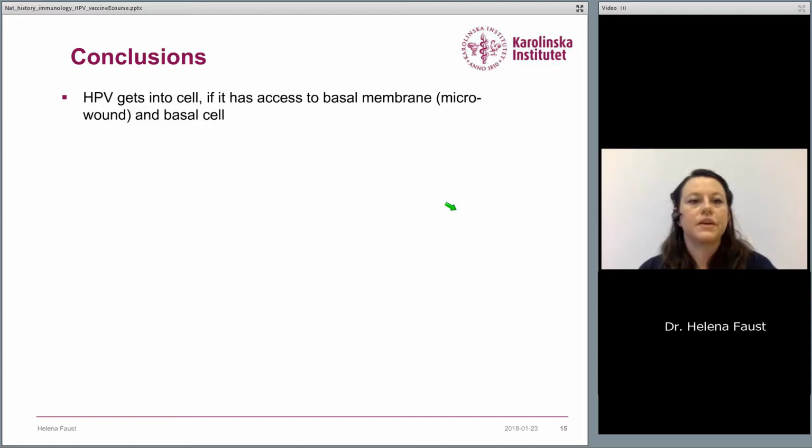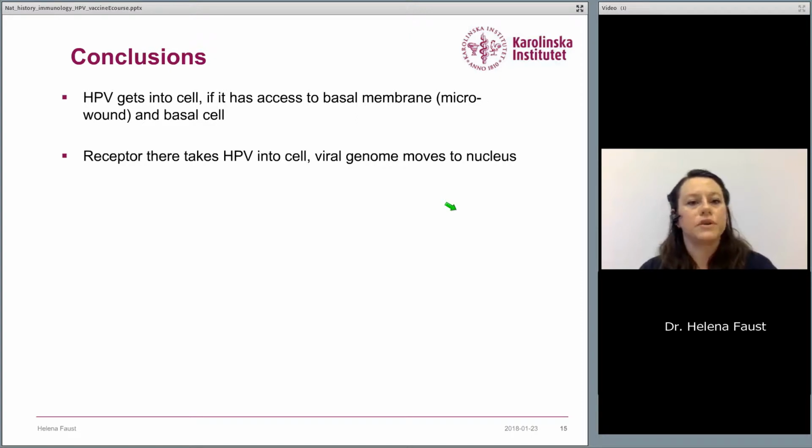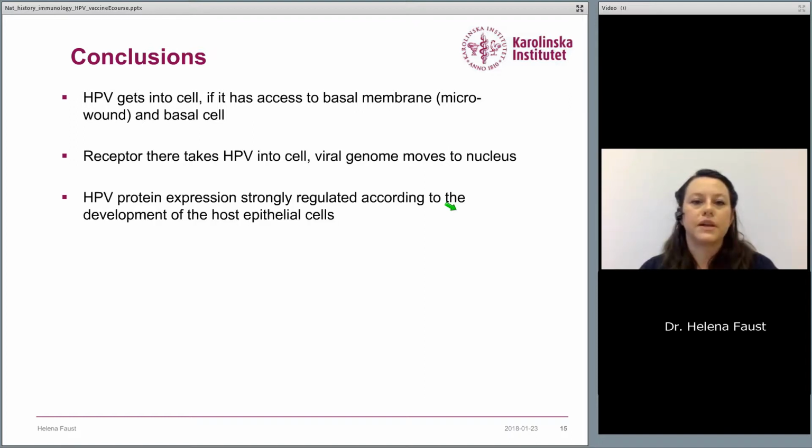Conclusions for that part. HPV gets into the cell if it has access to the basal membrane, for example, through a microwound, or access to basal cells. A receptor takes HPV into cells, and the virus could be trafficked to the nucleus. HPV protein expression is strongly regulated according to the development of the host epithelial cells.